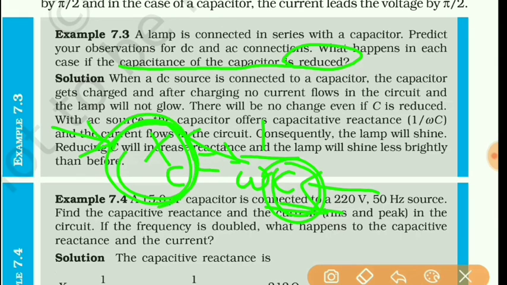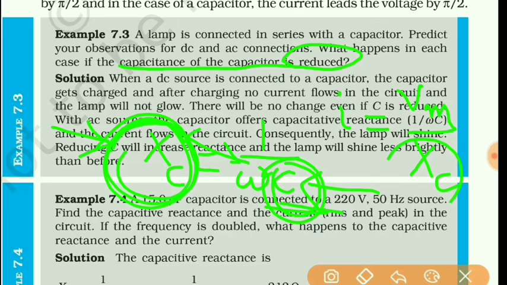and Xc means it is a capacitive reactance. If the reactance of the circuit increases, then current will reduce. Reactance increases, so current I will reduce, because we know that I is equal to Vm upon Xc.